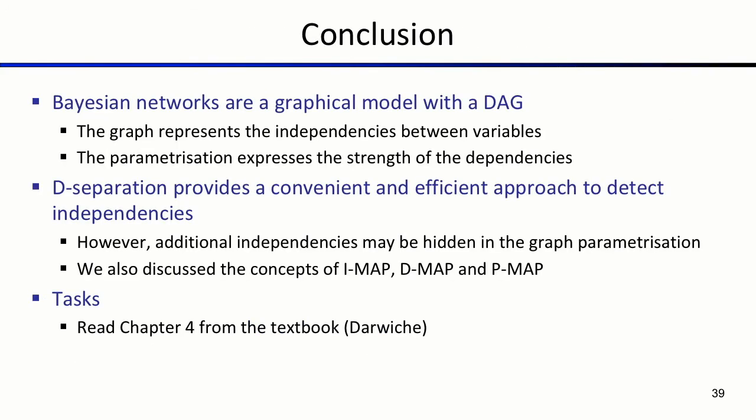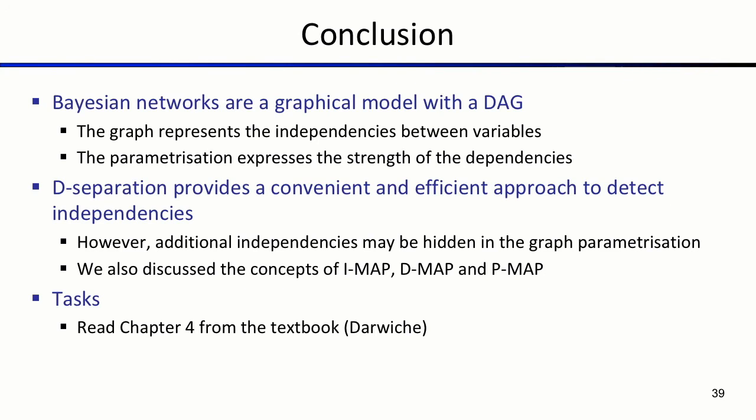All right, so we get to the end of this lecture, and we saw our first graphical model, that are the Bayesian networks. It's implemented with a DAG, so it's a directed acyclic graph. We saw that the graph represents the dependency that we have between the variables, and the parameterization will give us the strength of the dependencies.